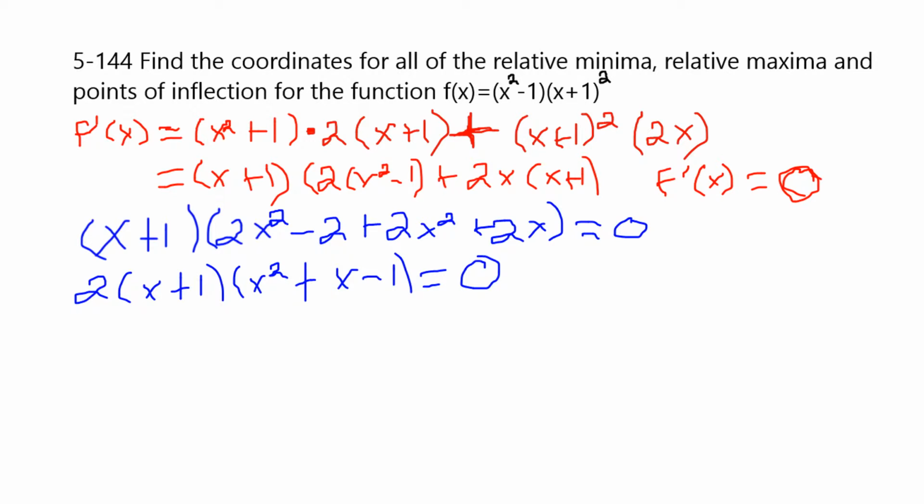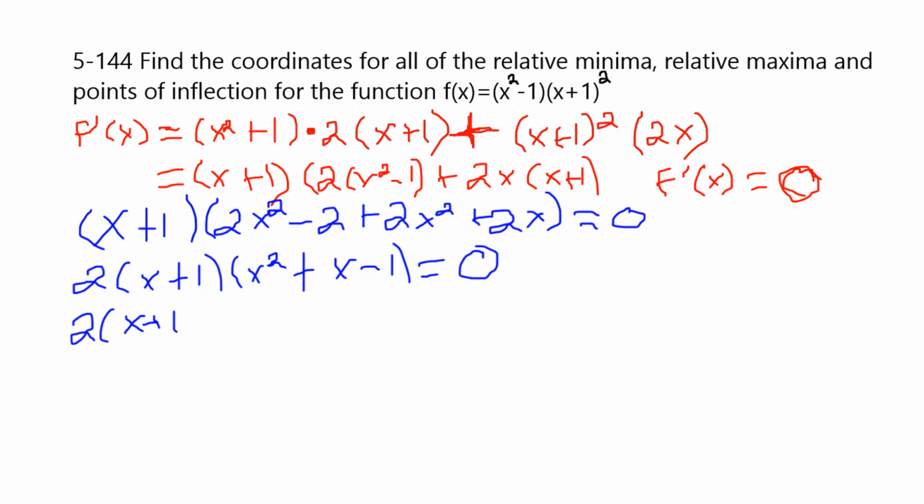Going back to continue to factor, we have 2x plus 1 times 2x minus 1 times x plus 1 equals 0.